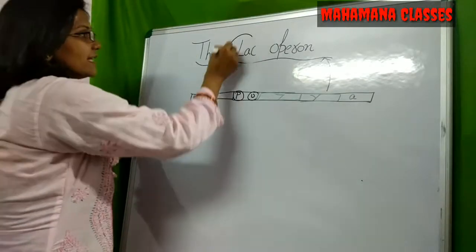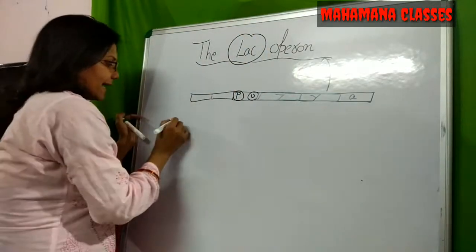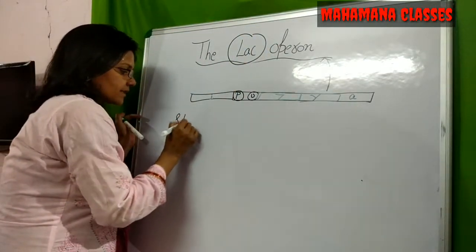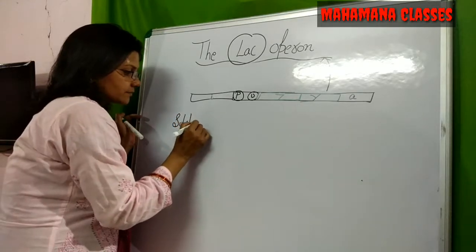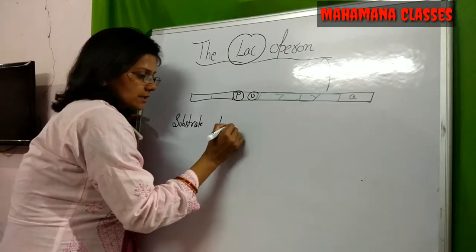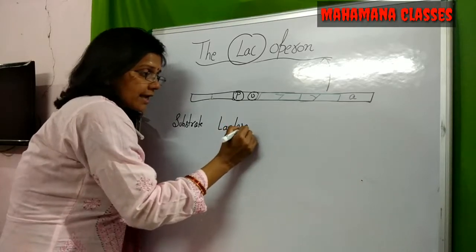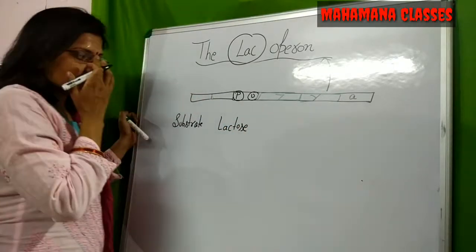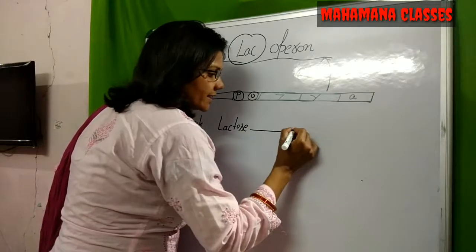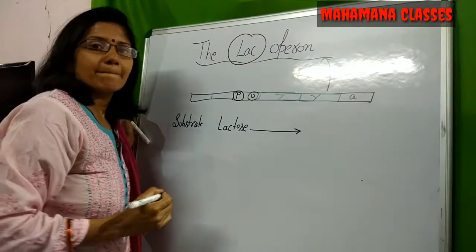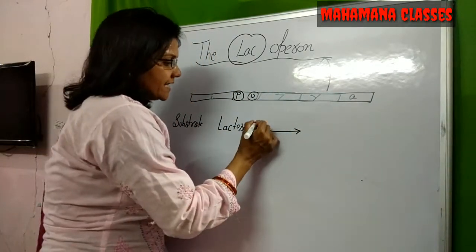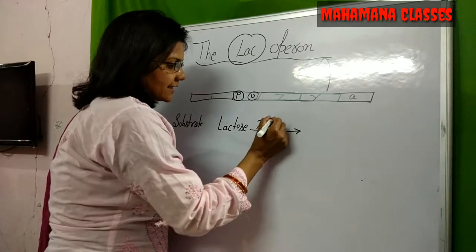And why is it known as lac? Because there is a substrate, lactose. This lactose is acted upon by an enzyme, beta galactosidase.